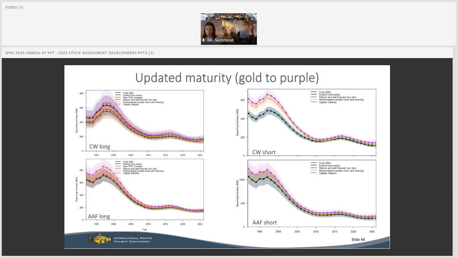Nothing changed in the water. It's just that we have better data on which of those fish out there are mature. So this is why I should be looking at status relative to reference, not the absolute scale. That's maybe a preamble to some of the discussion Alan's going to have about absolute spawning biomass.